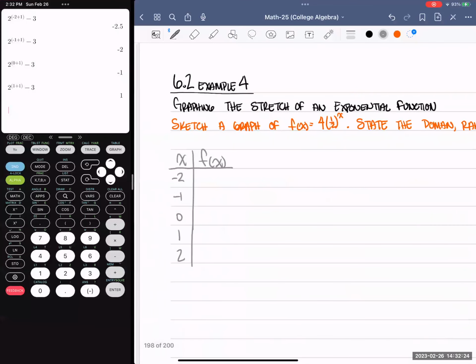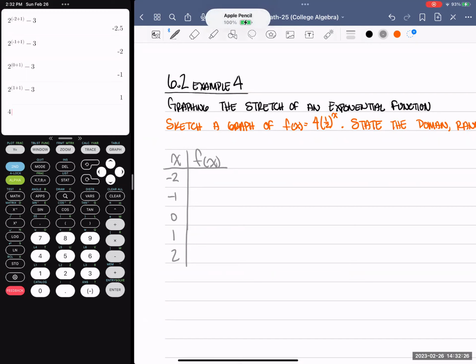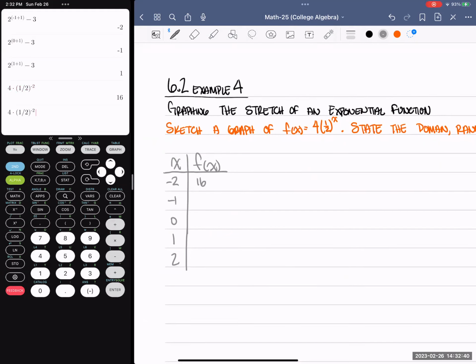So here we have 4 times 1/2, and we're raising that to the power, we're starting off with -2. And that's 16. Exact same thing, this time to the power of -1, that's 8.